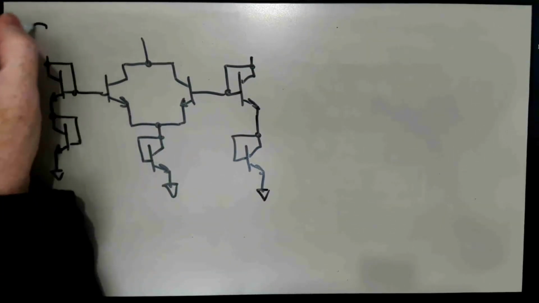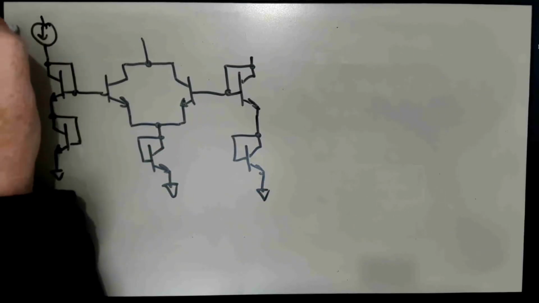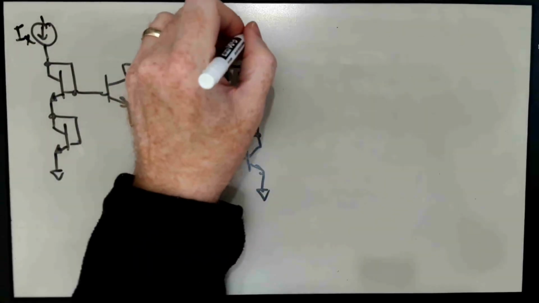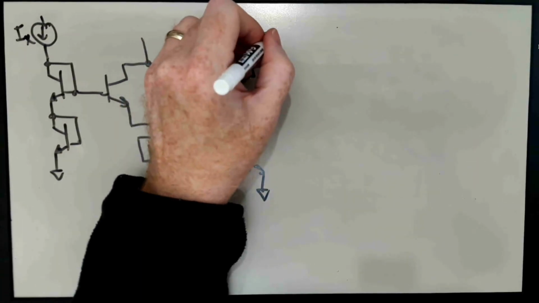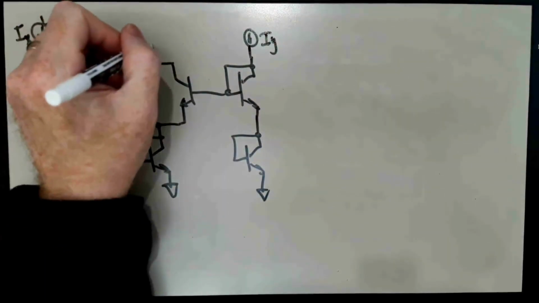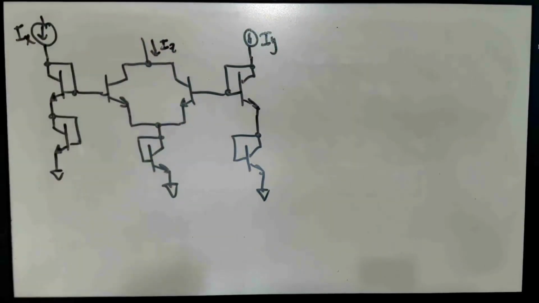And we've got two input currents here, which we'll call Ix and Iy. And our output current is going to be this current here, Iz.